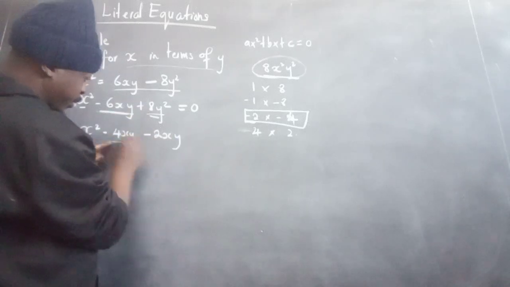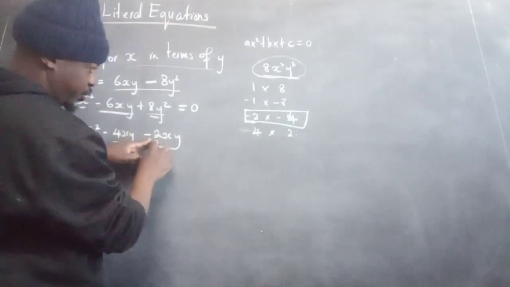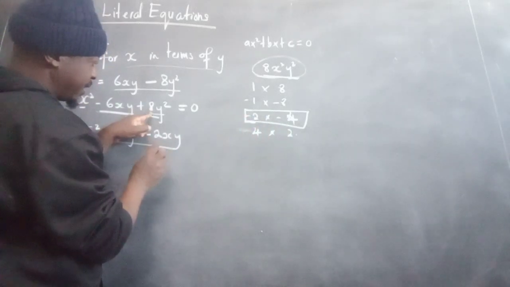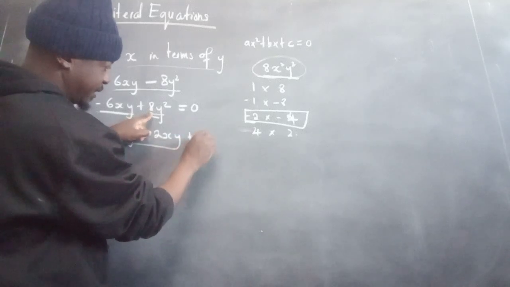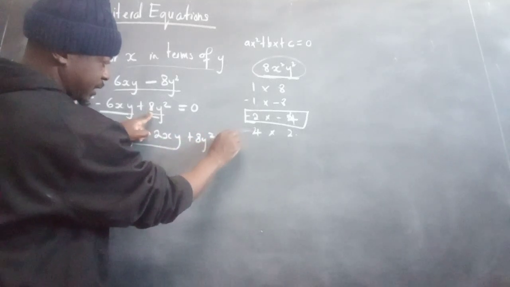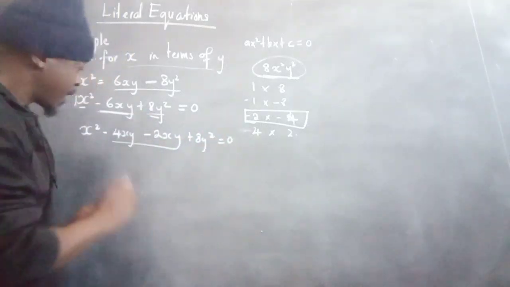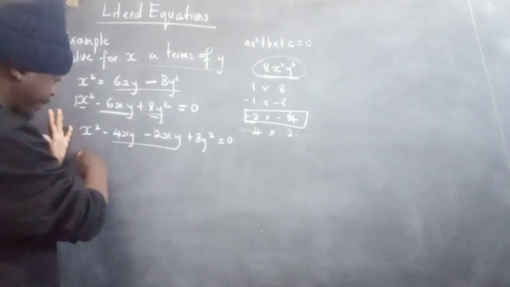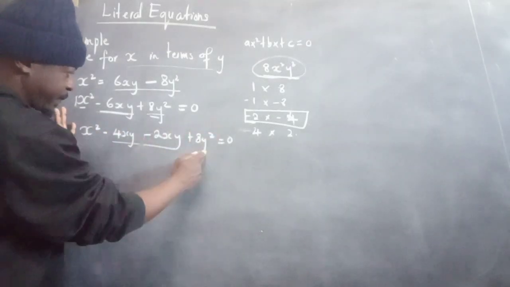I brought 4xy and 2xy, and then I write my 8y squared is equal to 0. Now I'm going to impose some brackets here.